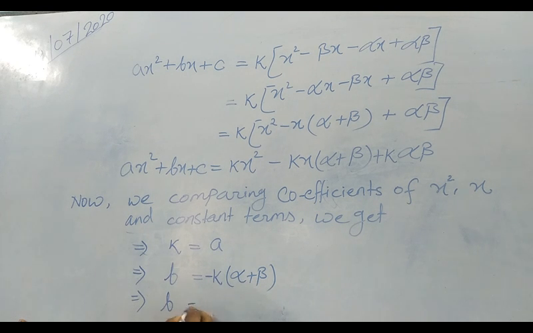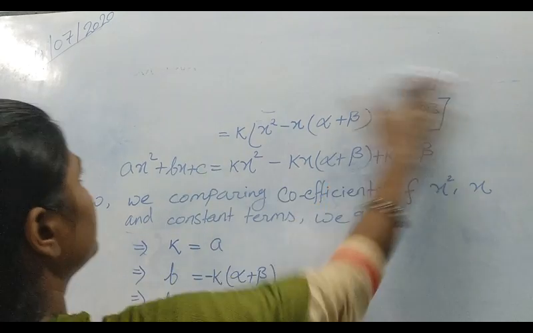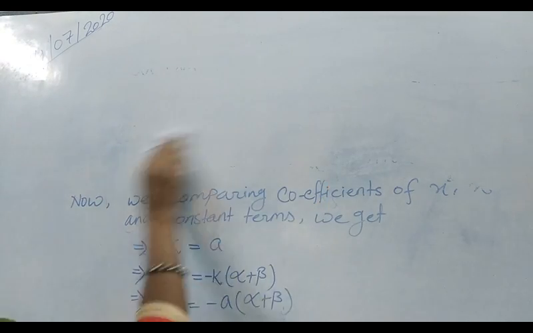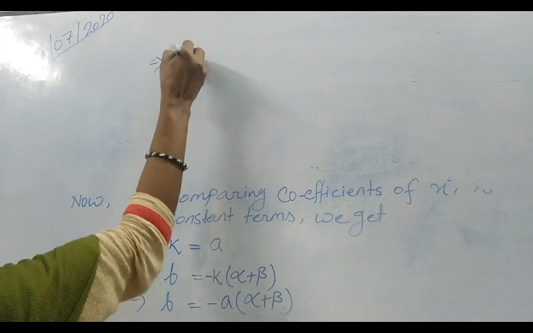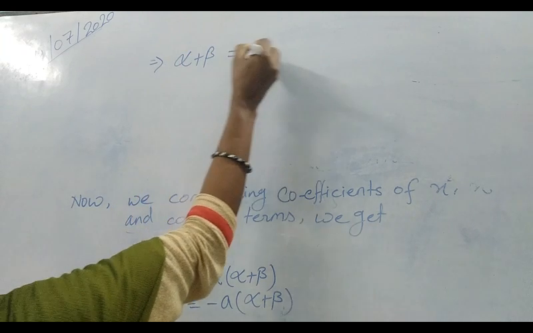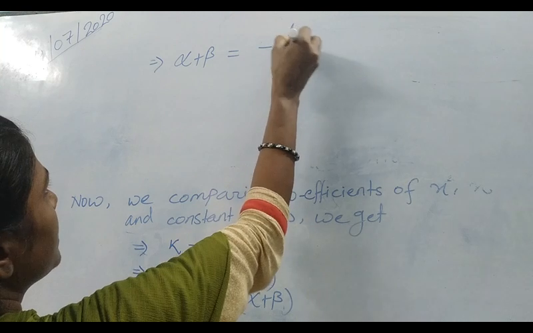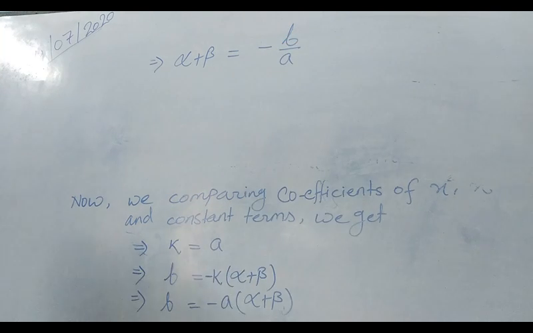So b is equal to minus a alpha plus beta. Now let's look here how we can write further. Set this minus a here, then we write this implies alpha plus beta is equal to minus b by a.